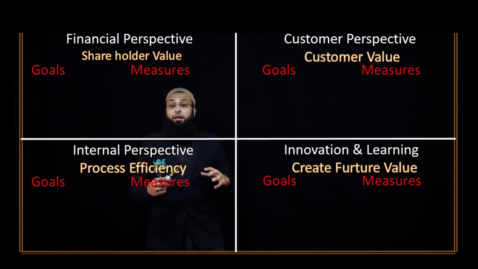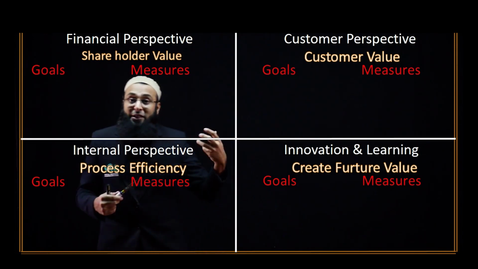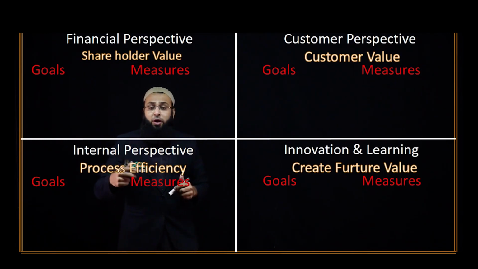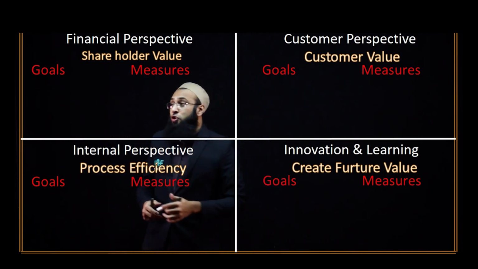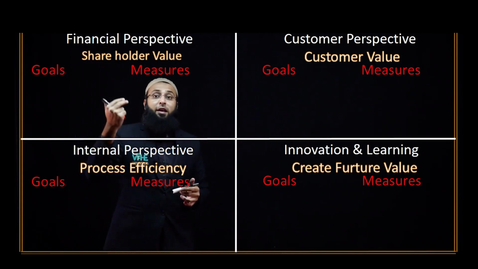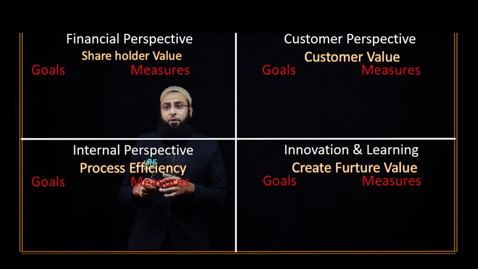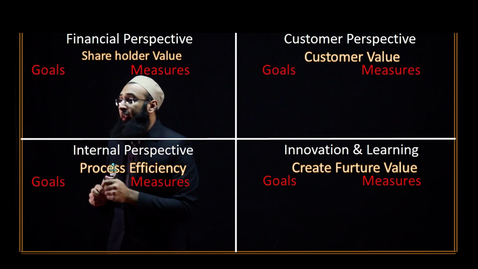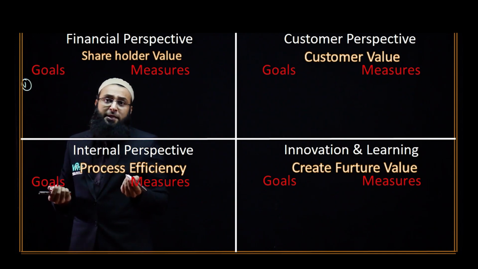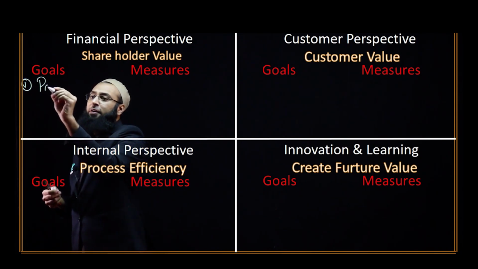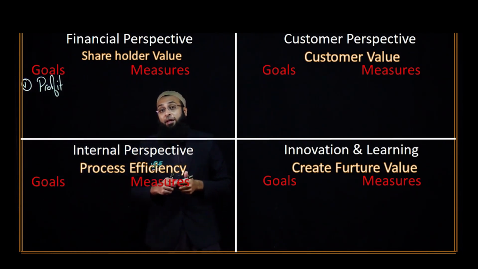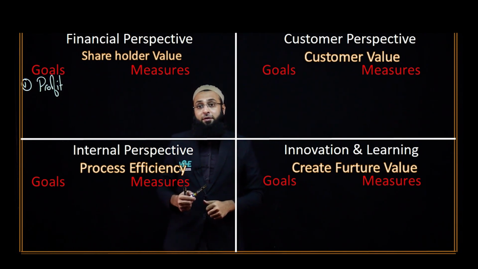Now, to ensure that shareholder value creation is done, we need to set certain goals, or I can say CSFs. So these goals will ensure the achievement of shareholder value creation. For example, if I just start from the first one, I can say that the first goal for a business can be profit. So the business wants to ensure that they do achieve profits.